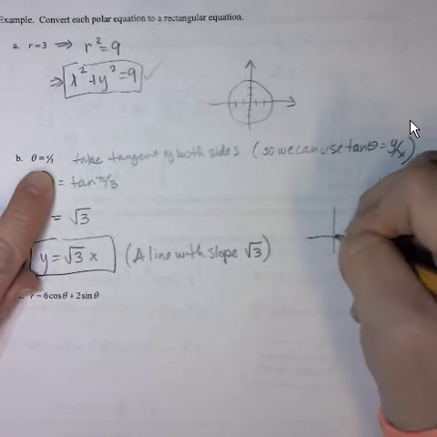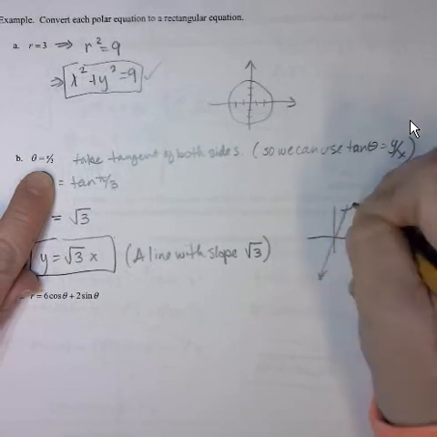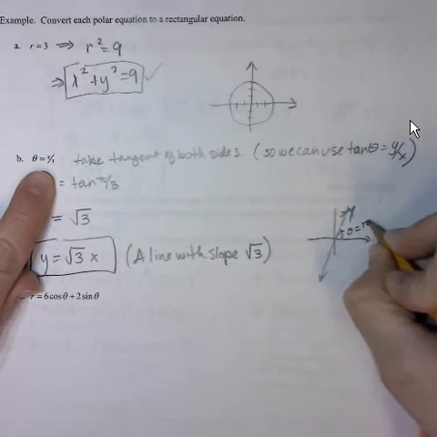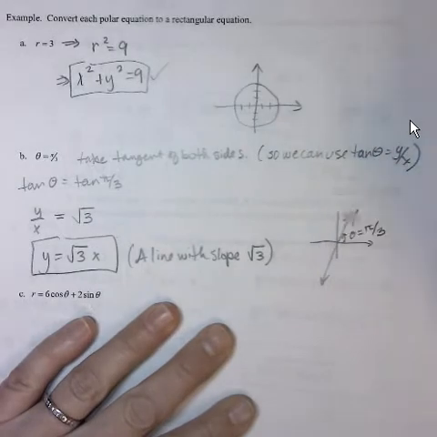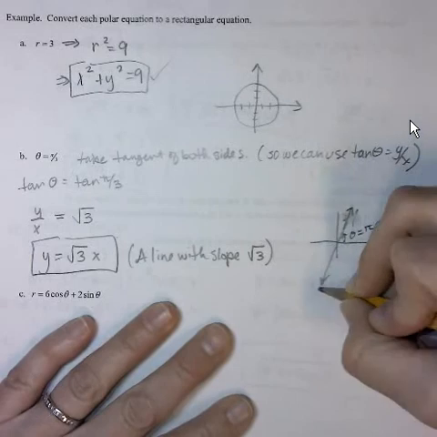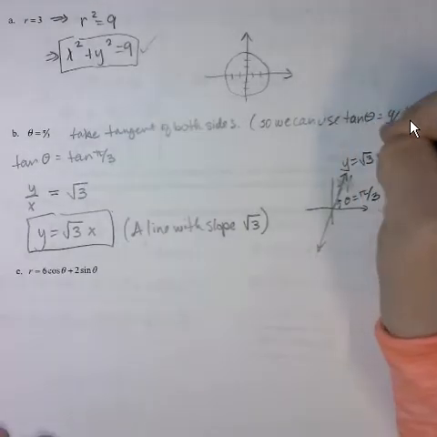So you would get every point that exists on theta equals pi over 3, and those could be positive r's and negative r's, so you get that line. So this is also a line with a slope of square root of 3.